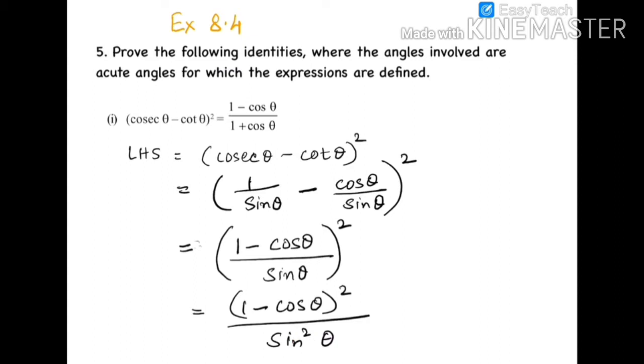At this point we can use the first identity to replace sine square theta with cos square theta. And we should not expand the numerator. Why? Because we need 1 minus cos theta in the numerator.